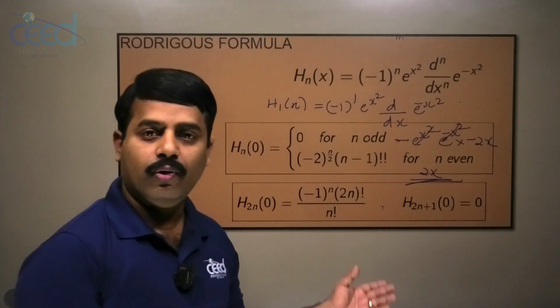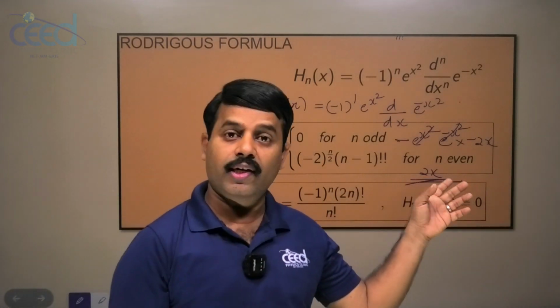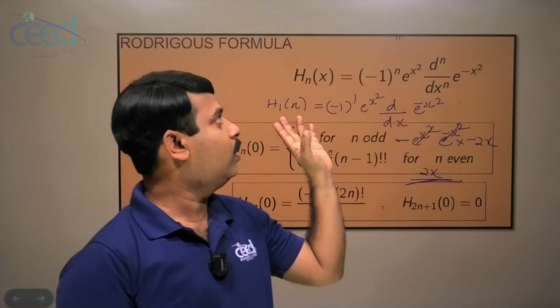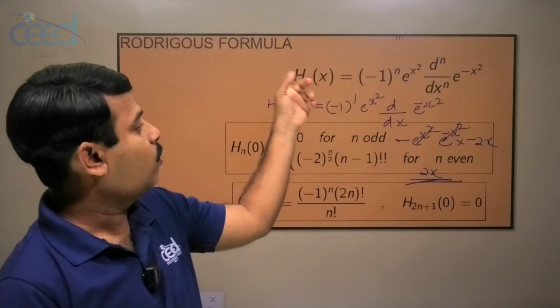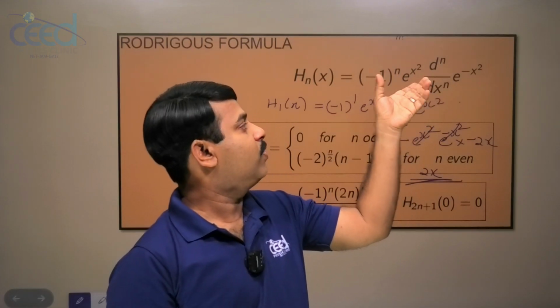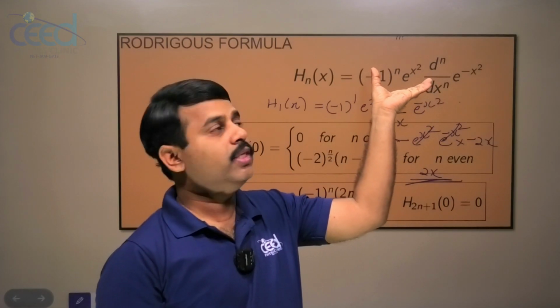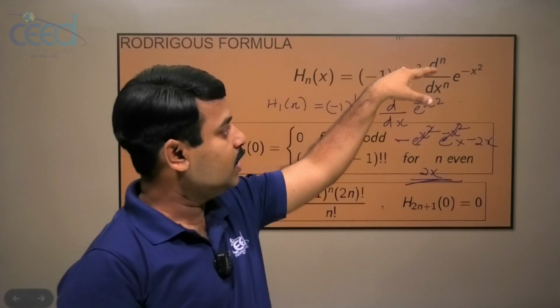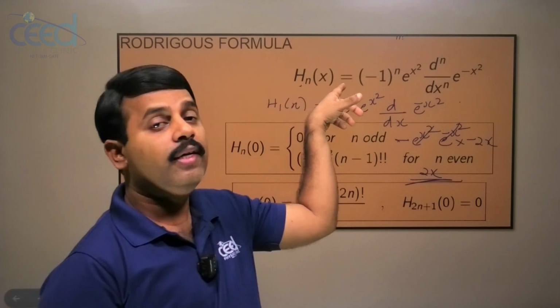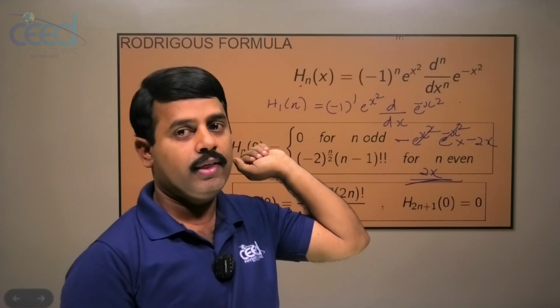Now you are getting the value, right? H2 of x, we studied 2x only from this equation. That's why this is called the Rodriguez formula. That means a differential equation involving terms that helps to find the Hermite polynomial value, right?